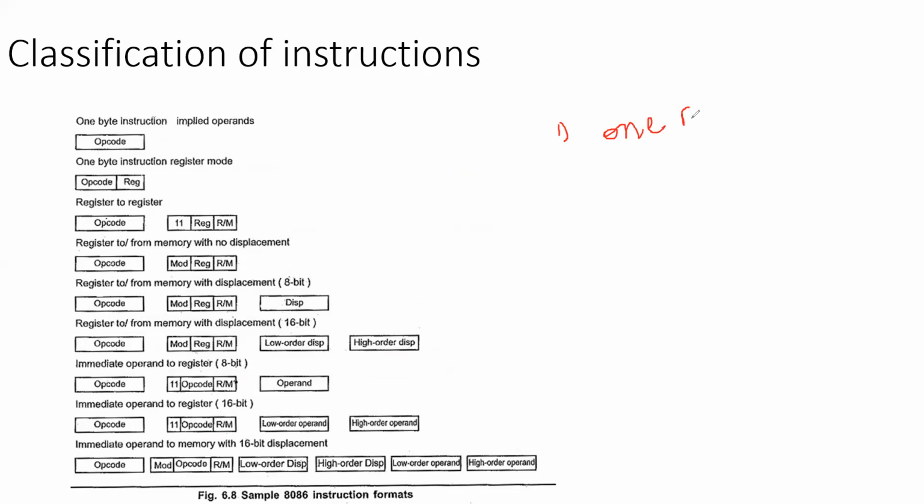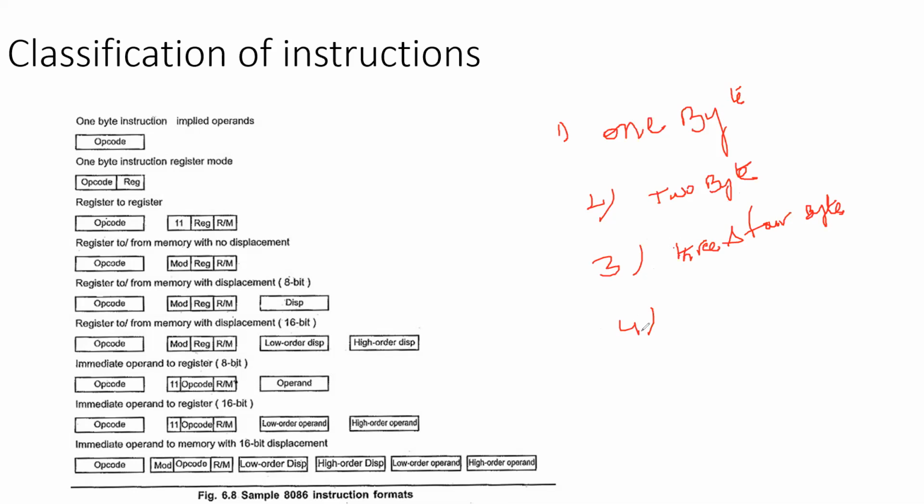1-byte instructions. The second one is 2-byte instructions. The third category is 3 and 4-byte instructions.